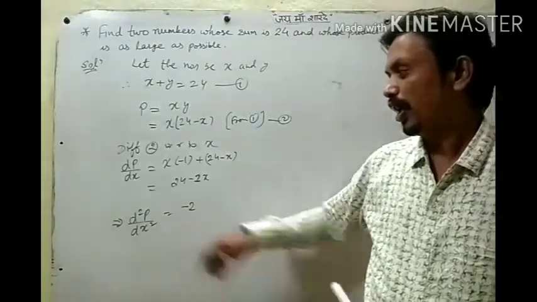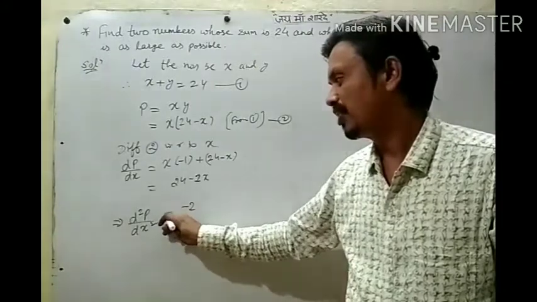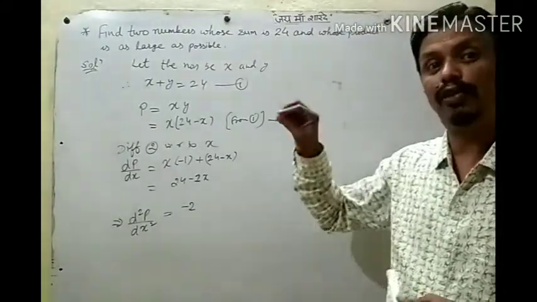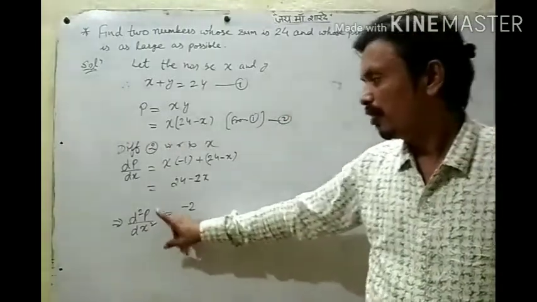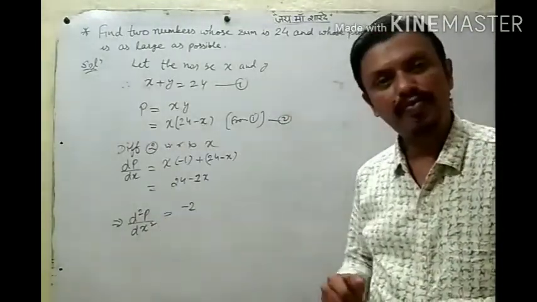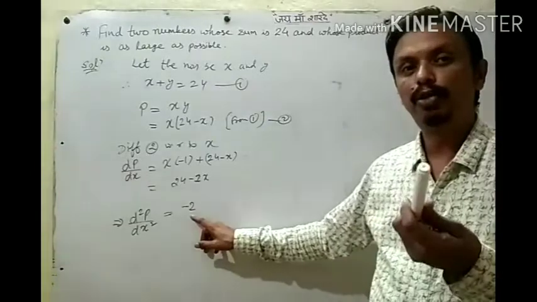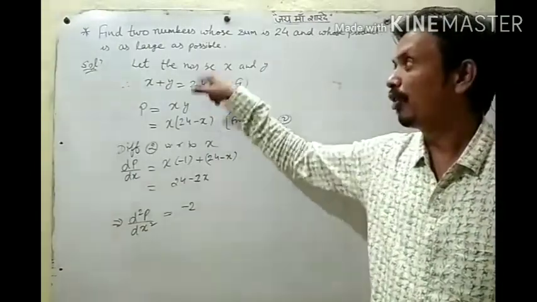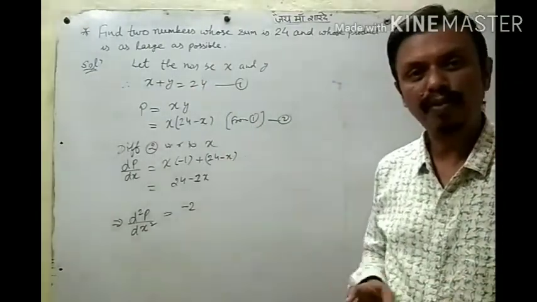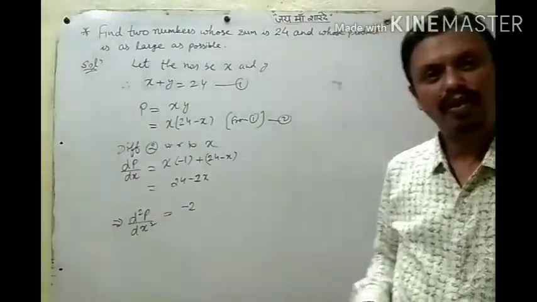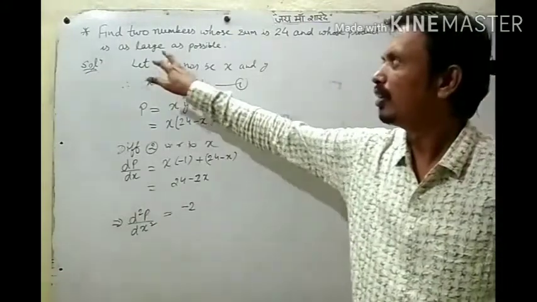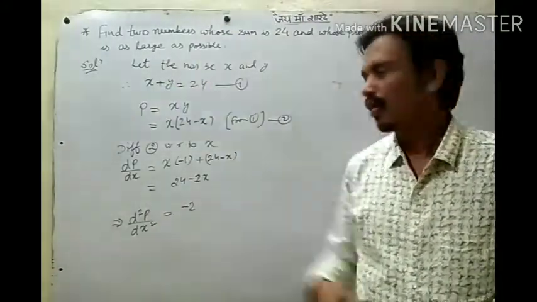Okay? So by second derivative test, when we put value of x at a critical point and find value of second derivative, then if it is negative, value of that function will be maximum. So definitely here we get negative value of second derivative. Okay? So our function will be maximum only.